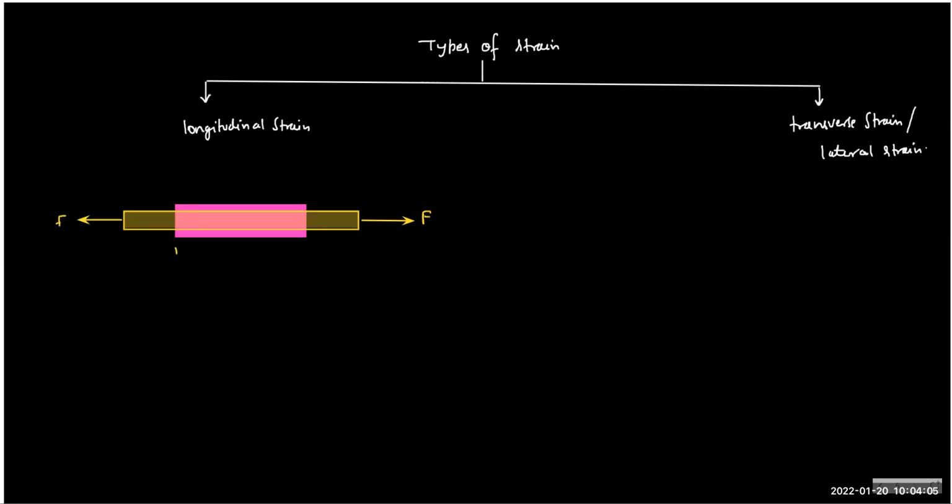Now the length, if I say is L, and if I say the diameter is D, then the new length we can say L plus delta L, and the new diameter is D plus delta D. You may ask why say plus, why not minus? The delta D itself is negative. Don't worry.